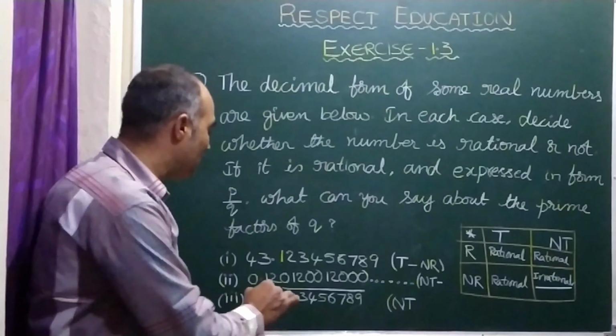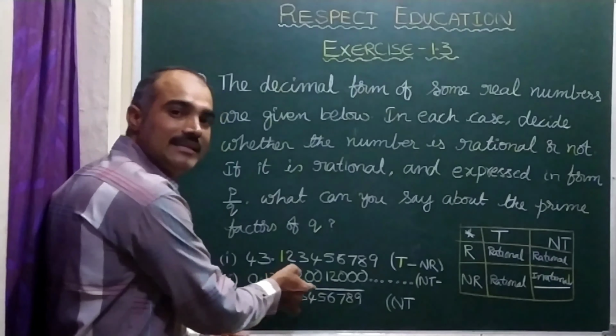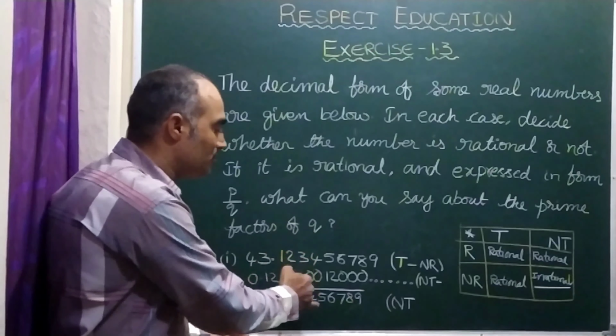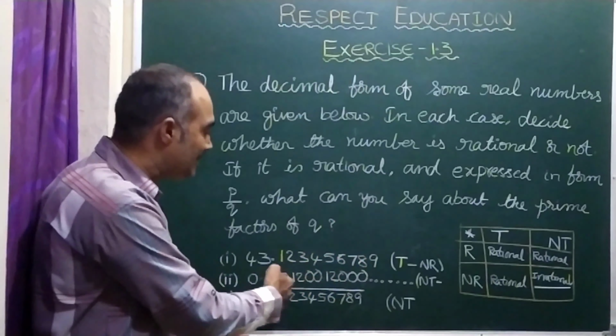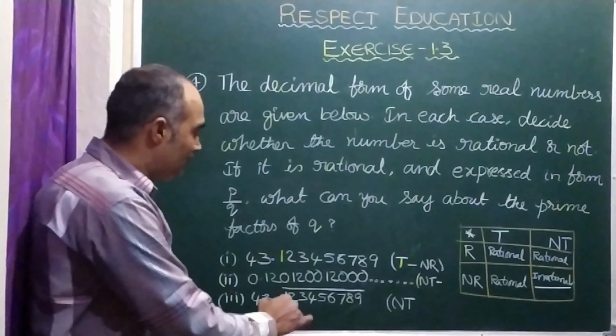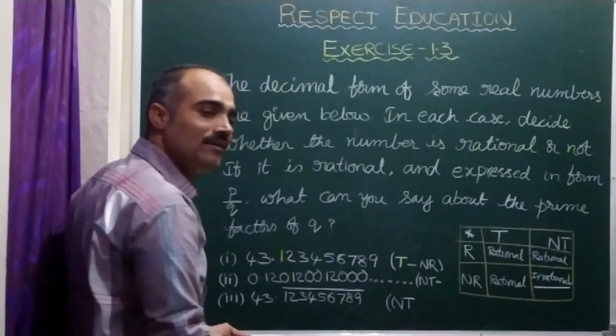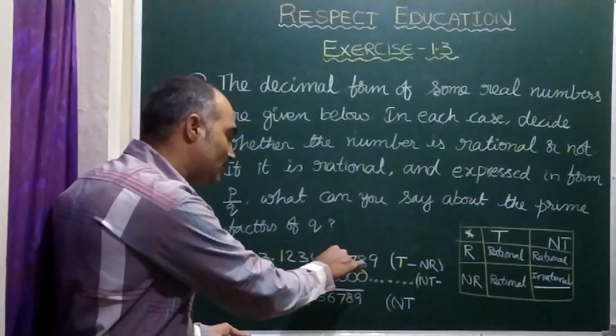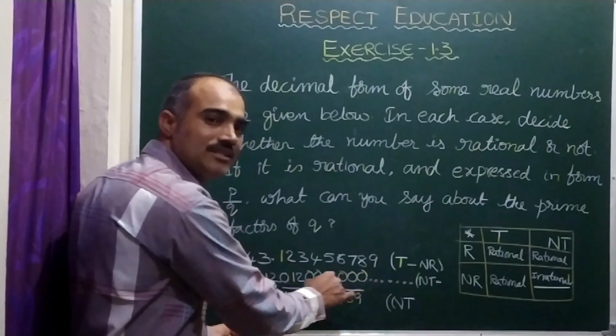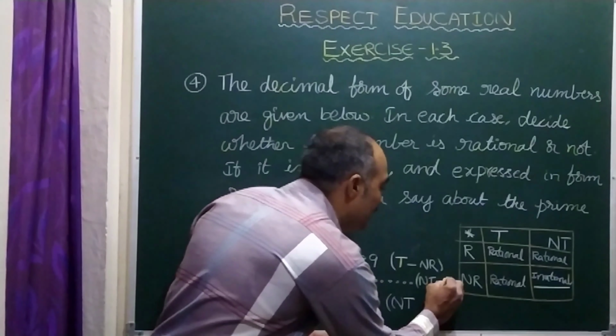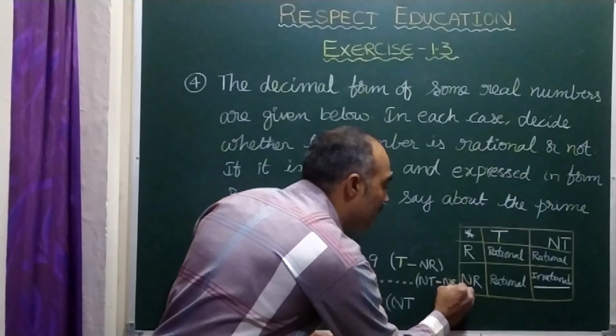For example, if I keep the bar on 120, the number should be 0.120120120 like that, but that is not like that. Clear? If I keep the bar on 1200, the 1200 should be getting repeated. So here it is non-terminating because of these dots, and also non-recurring, meaning particular digits are not repeating.